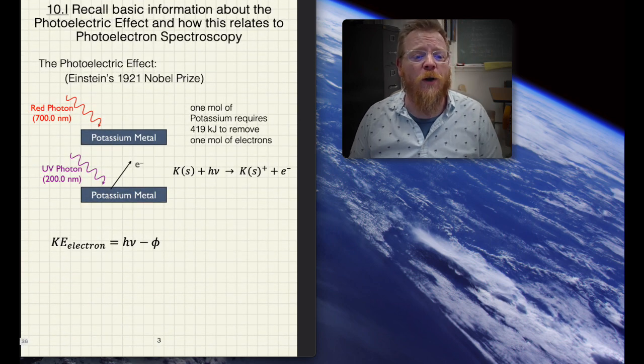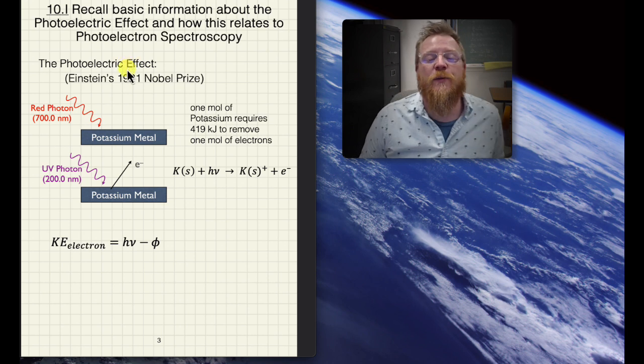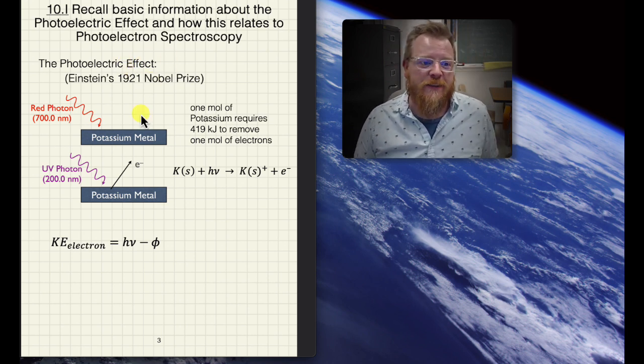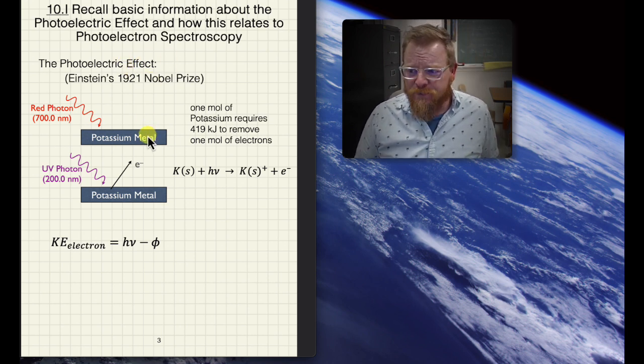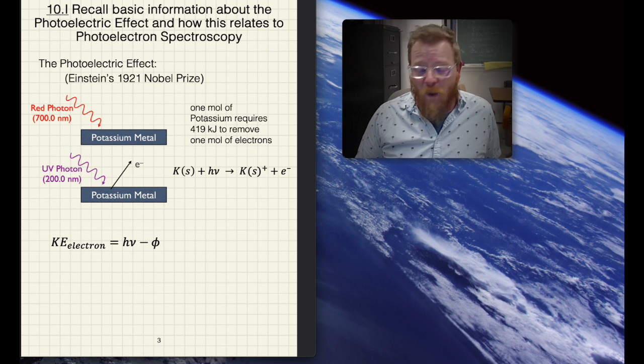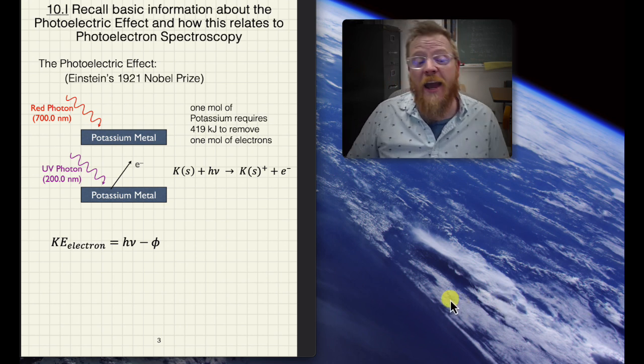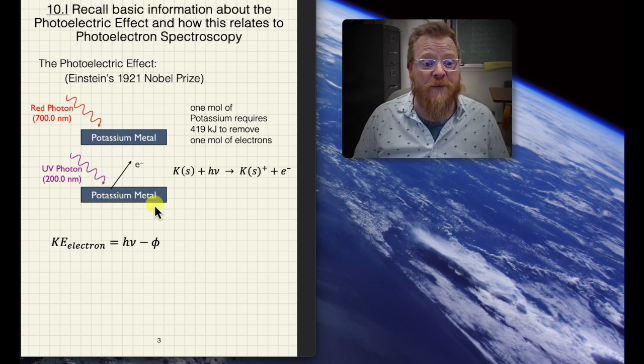If you recall, we discussed this topic at the very beginning of the semester, the photoelectric effect, Einstein's 1921 Nobel Prize. And recall, the photoelectric effect describes the photoionization of a material, generally a solid under high vacuum. So let's note that.